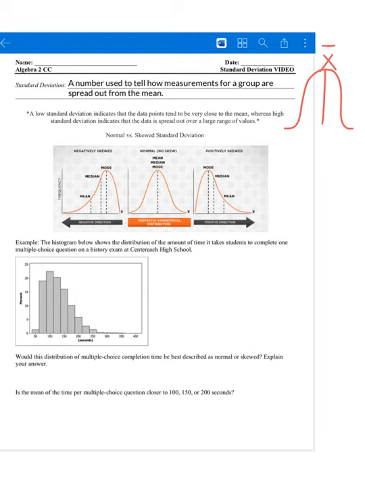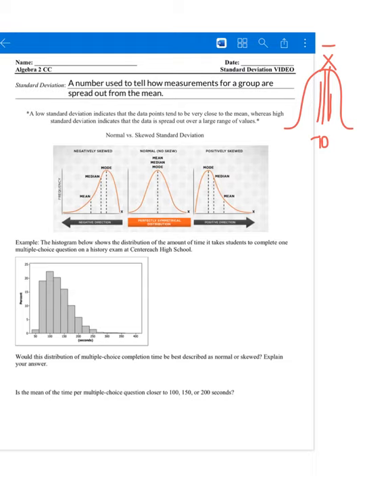If you have a small standard deviation, let's say your standard deviation is 2, and the mean for something is 70, so the average for a test is 70. If your standard deviation is 2, that means the range of one standard deviation away from the mean is between 68 and 72. It's all kind of close together.